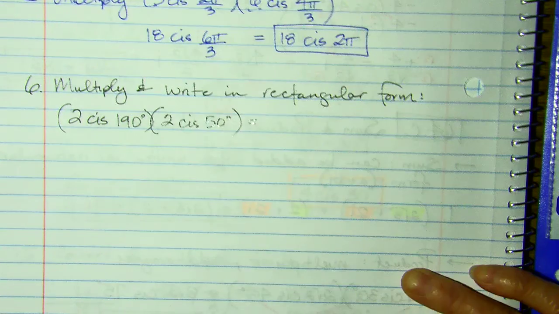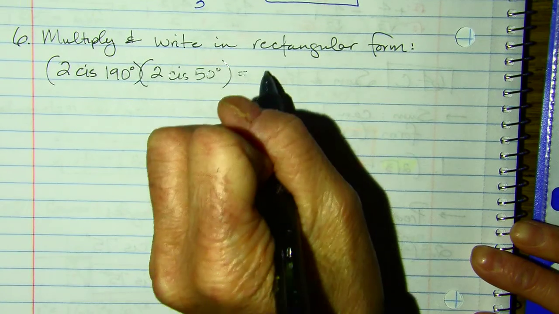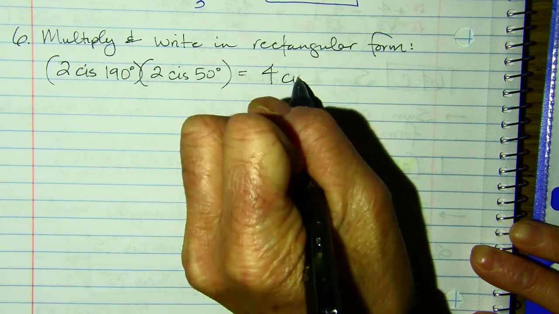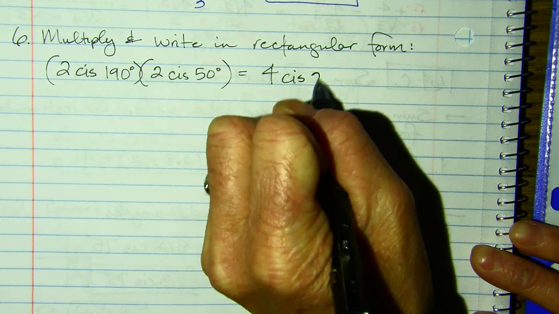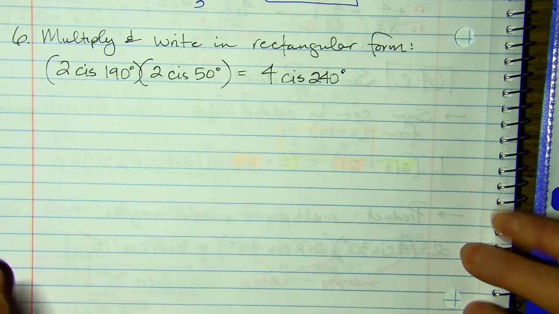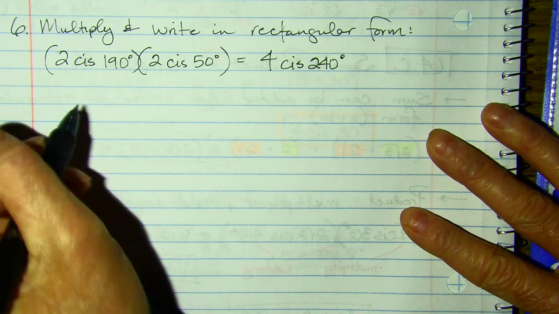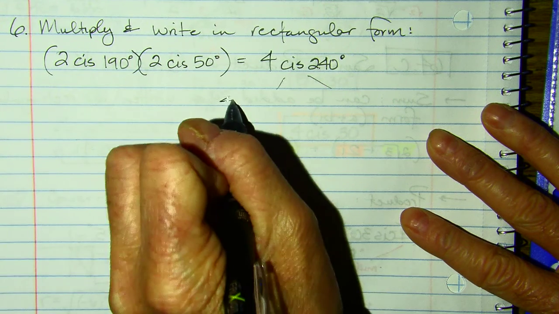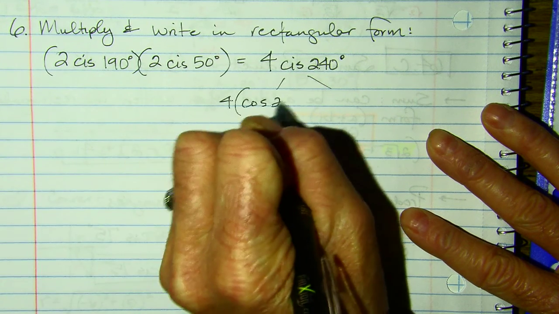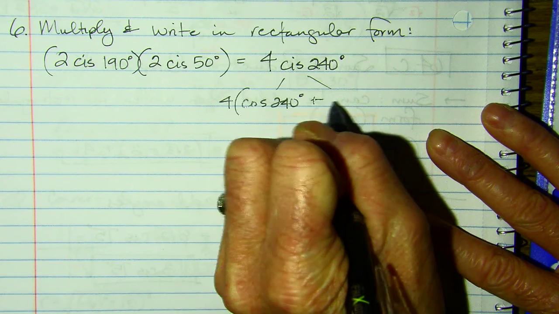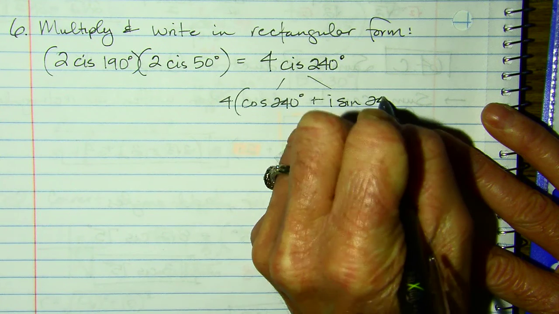So if I'm to multiply this, 2 times 2 is 4. Cis 190 plus 50 is 240 degrees. To convert this, I would then have to rewrite this as 4 times cosine 240 plus i sine of 240.